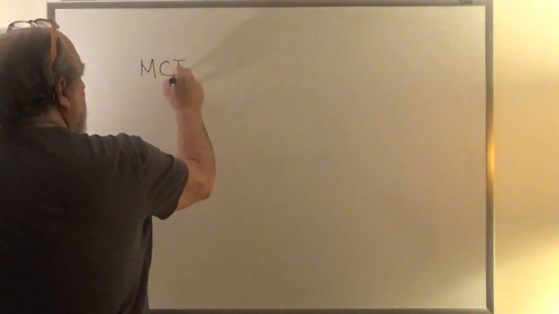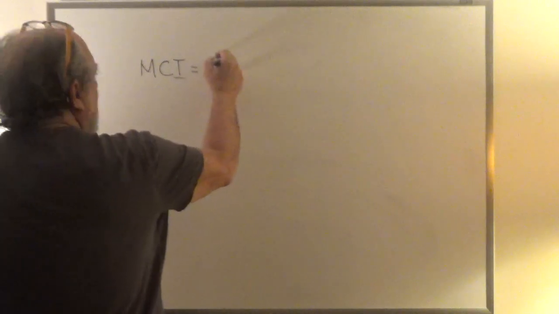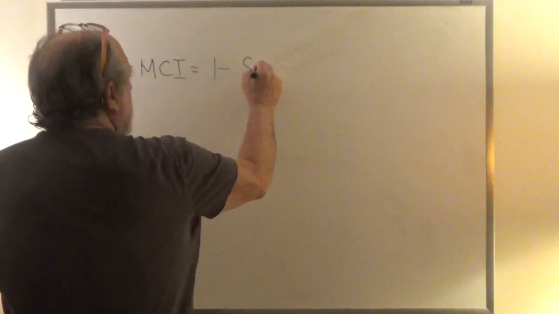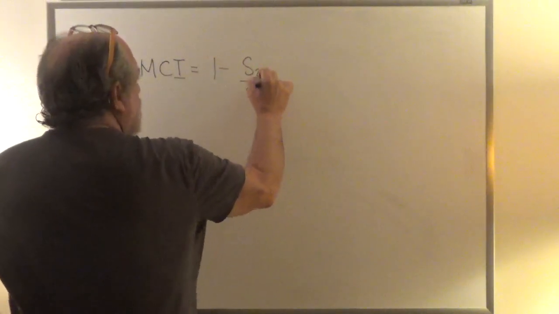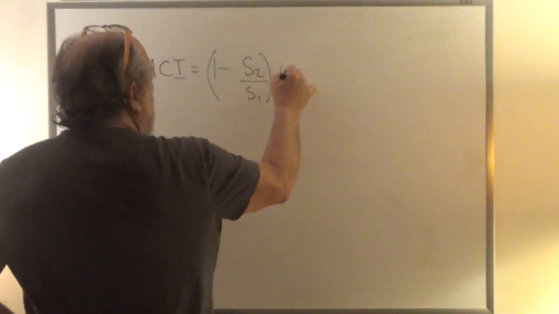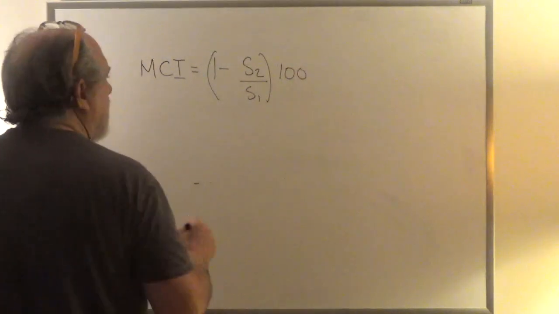I gave you an index of how we can quantify the modal collinearity. It could have been called the modal collinearity index or whatever name I gave it. It was simply 1 divided by S2 over S1, times 100, in percent.